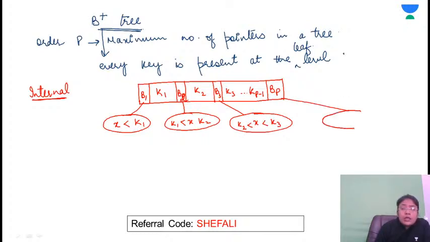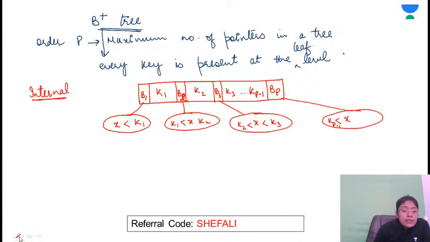So here X should be less than, sorry, K(p minus 1), and there is no constraint on the upper value.